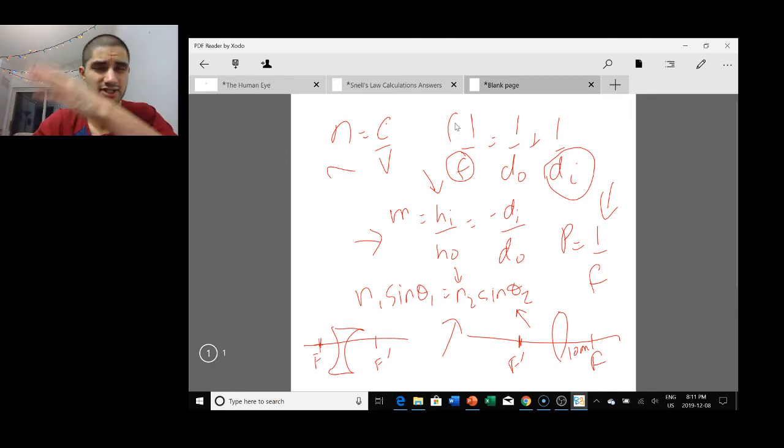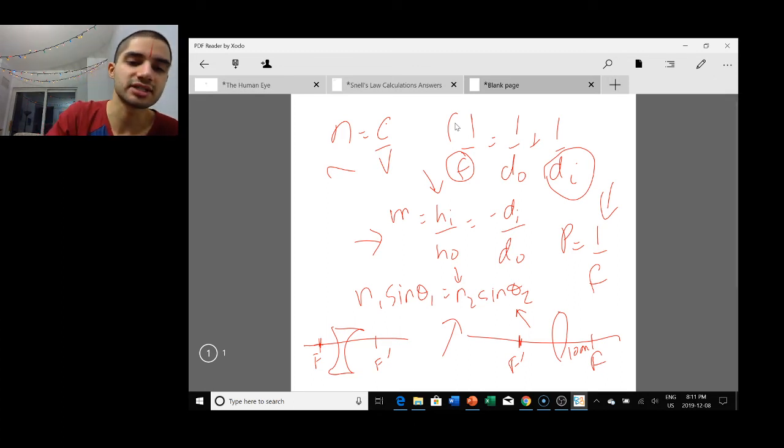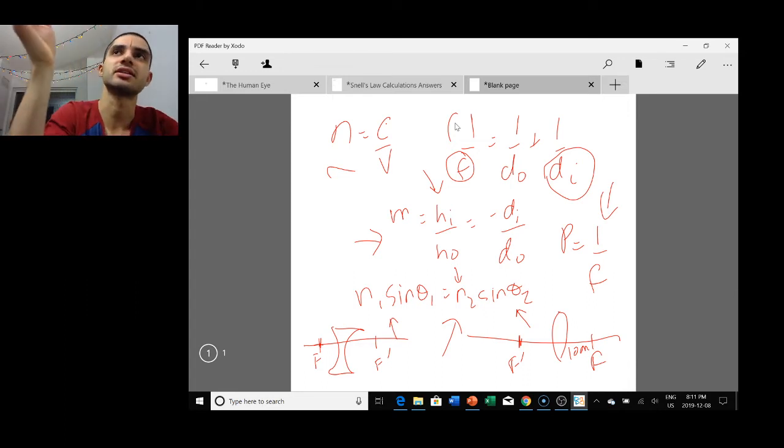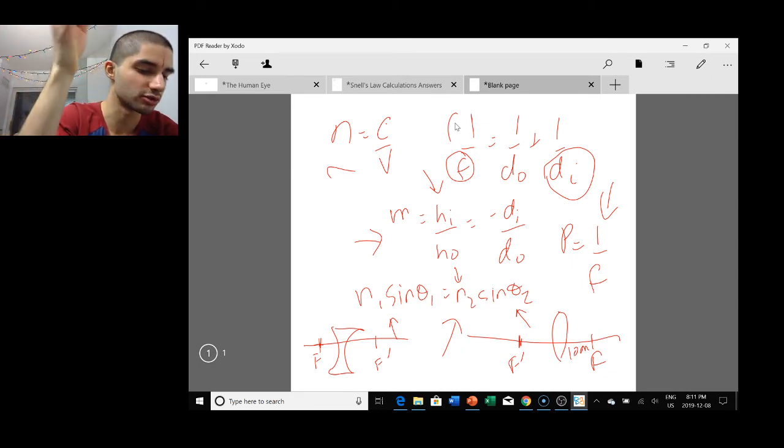Secondary focus exists just because it's on the other side of where the object is placed. If the object was here, this would be the primary focus. Again, don't worry too much about which one's the primary, which one's the secondary. It's basically the one the rays converge to or appear to diverge from.